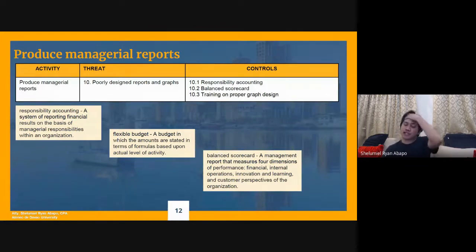Kasi di ba, if the particular department will deviate from, say, what was budgeted, but that deviation will always result in changes in the variable elements, not the entirety of the cost, then that will give you a more complete picture of the performance of that particular department. Okay? This is especially true, class, if these departments were treated as cost centers.